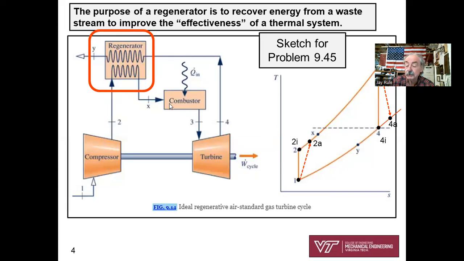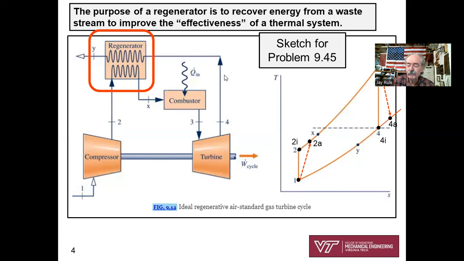Here's the combustion chamber that's providing the heat to power the turbine. Now, the turbine exhaust is very hot exhaust gas, as you can see from drawing the TS diagram of the cycle. We won't go into those details. I hope you recognize that I could draw a TS diagram of this Brayton cycle on my own.